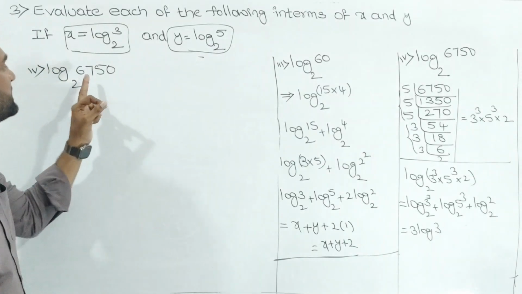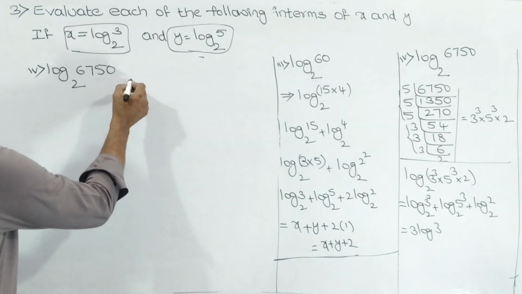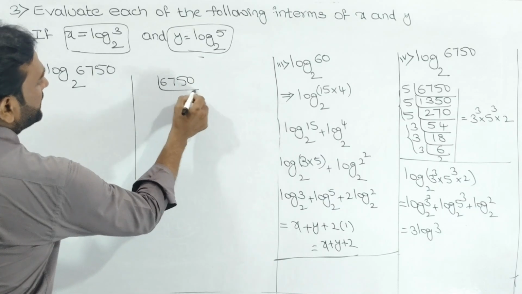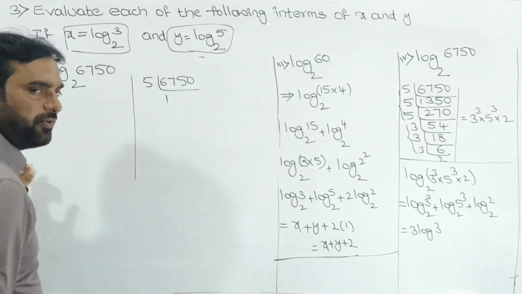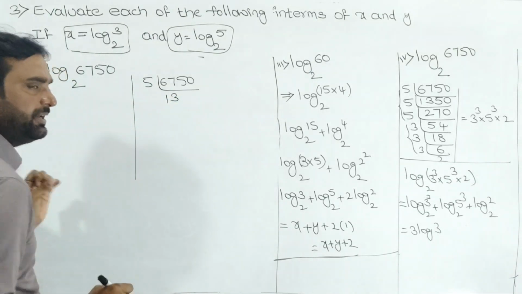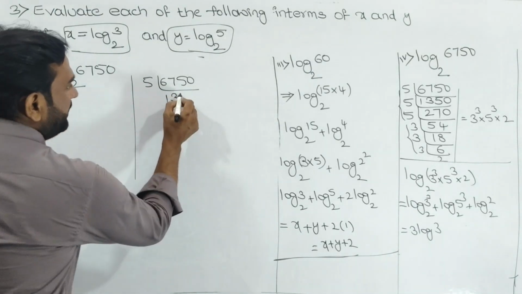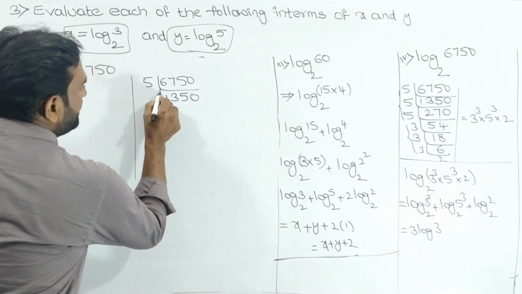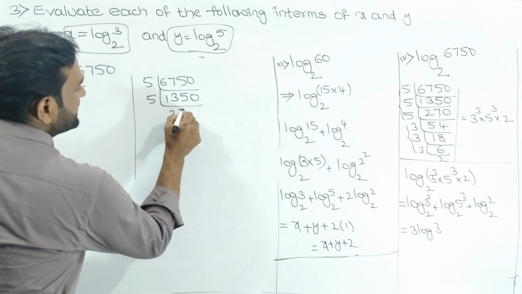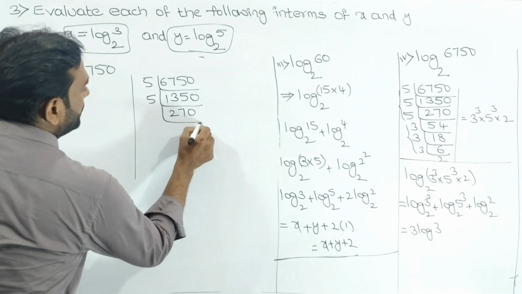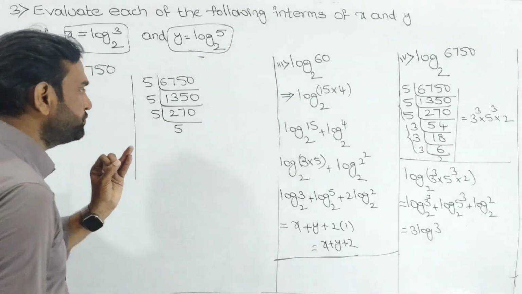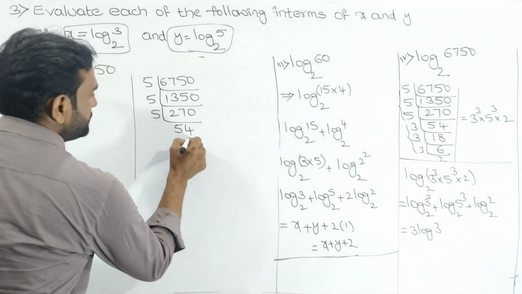Fourth one is log 6750 base 2. Now, this 6750 can be written as follows. Dividing by 5, 5 ones are 5, 6 1 remaining, 7 17, 5 3s are 15, 16 17, 2 5 25, 5 5s are 0. Again divide with 5, 5 2s are 10, 35, 5 7s are 0. 5 5s are 25, 26, 27, 2 0 give here, 5 4s are 20.